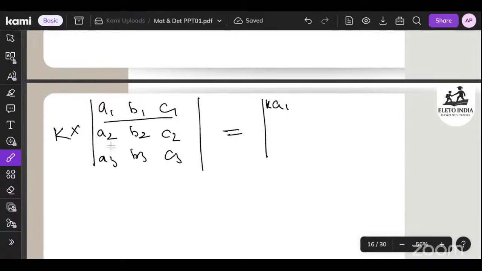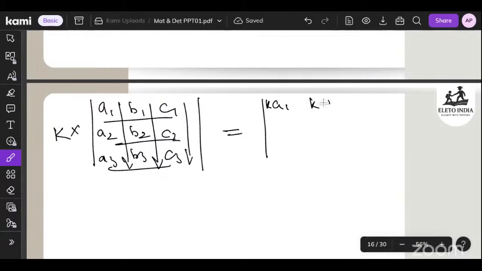You can choose any one of these three rows, or if you don't like that, take any one of the columns. We need to choose wisely which column or row we are going to choose. It will be useful for the further steps. Then you need to multiply it into the determinant.